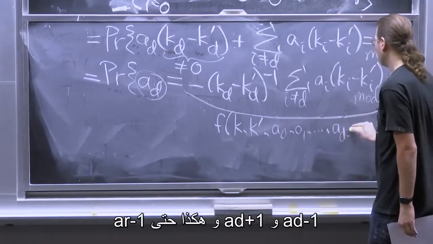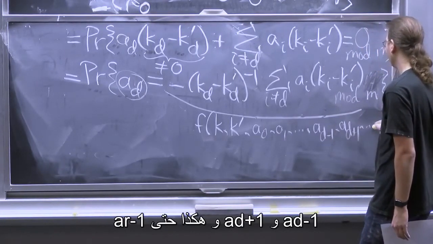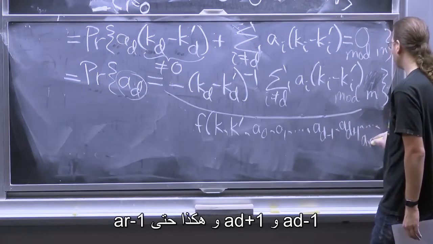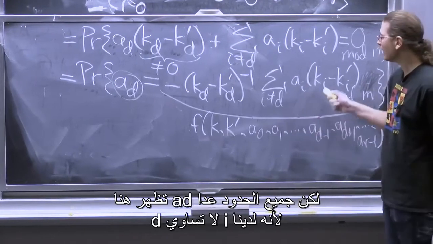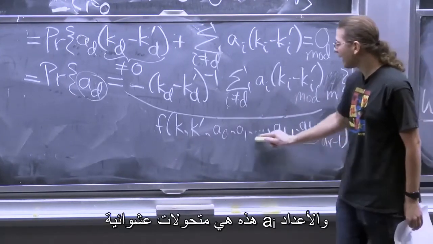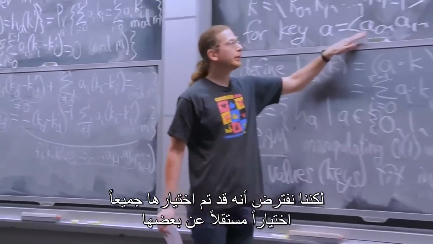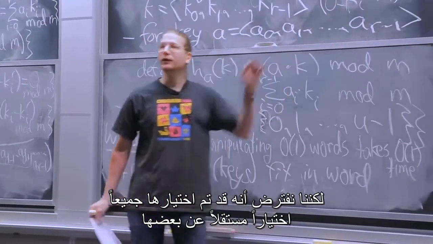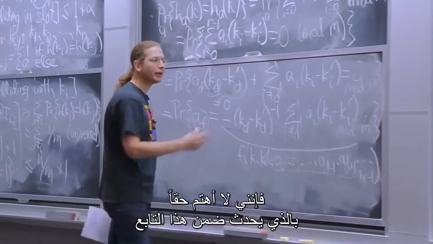So AD minus 1, AD plus 1, and so on, up to AR minus 1. This is awkward to write. But everything except AD appears here because we have I not equal to D. And these AIs are random variables, but we're assuming that they're all chosen independently from each other. So I don't really care what's going on in this function.